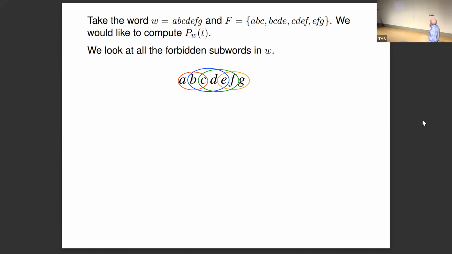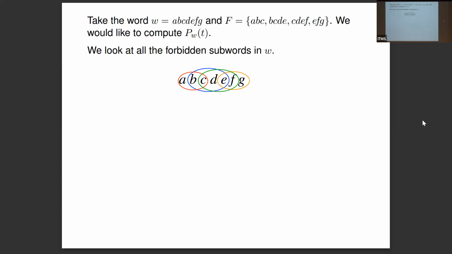So any cluster has to contain EFG. And moving from right to left, it also has to overlap with the next one to the left. So it's got to overlap with either the green forbidden word or the blue one. Those are the only two that the orange oval overlaps with.